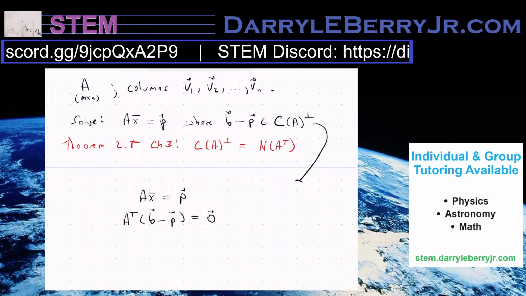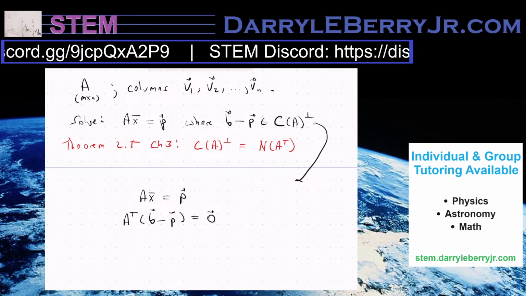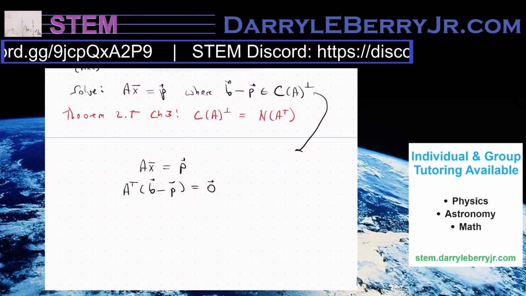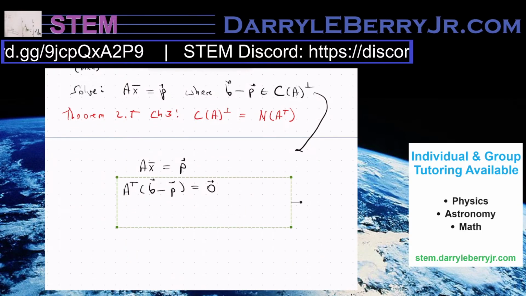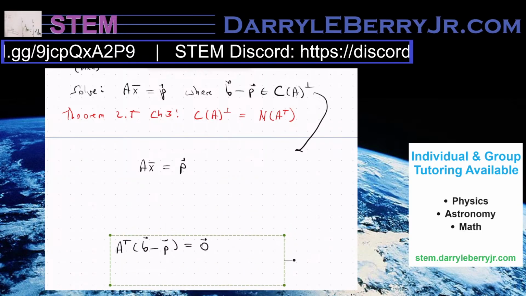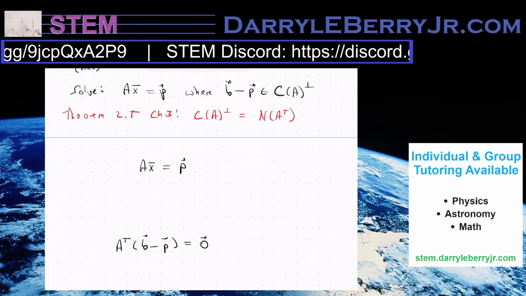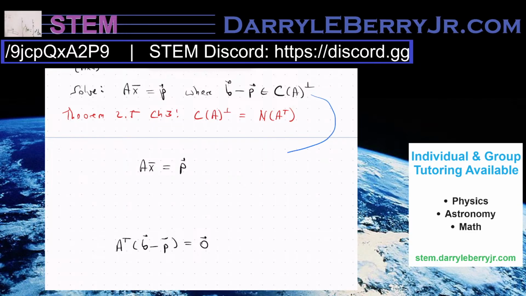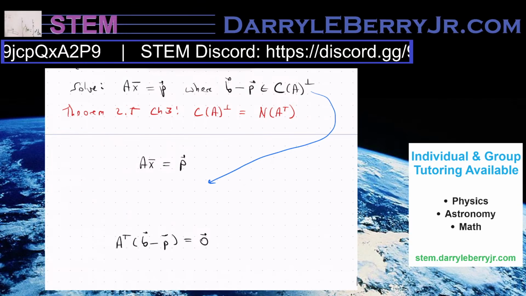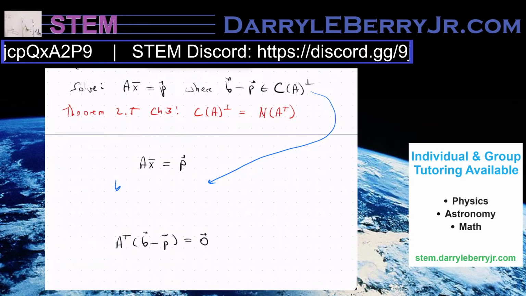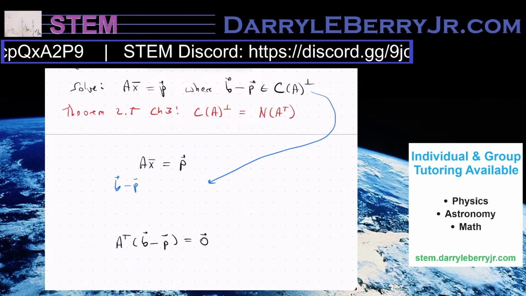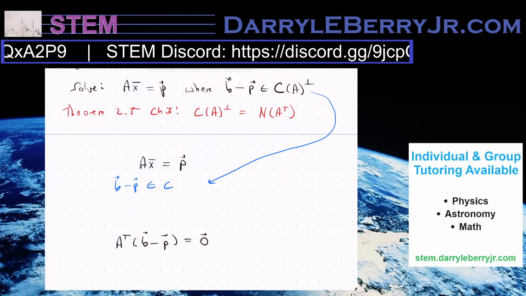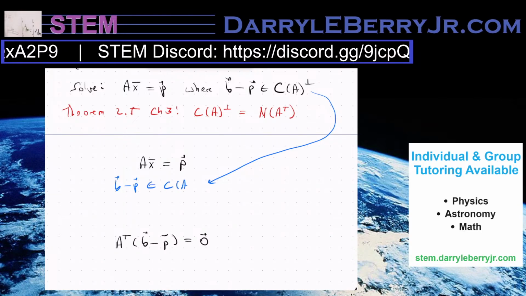And this was the column space. Okay, so let's think about this. What I'm saying is B minus P is in the column space of A orthogonal.